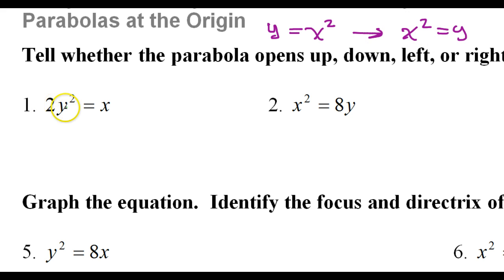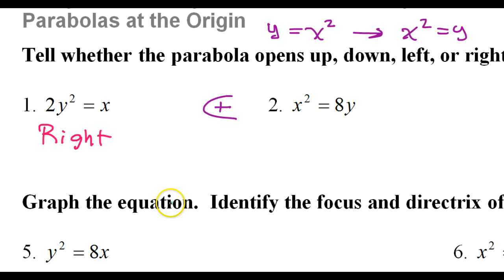So when I see the y squared, I know something strange is happening. So this is definitely going to be a sideways parabola, either leftward or rightward facing. Notice how everything is positive. So that means we're going in the positive direction, and for x values, that is to the right. So this one is going to be headed to the right.